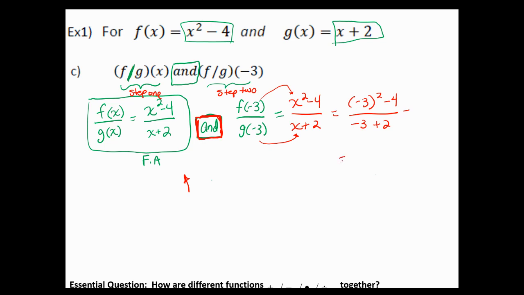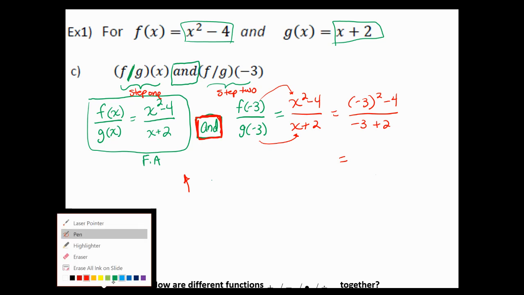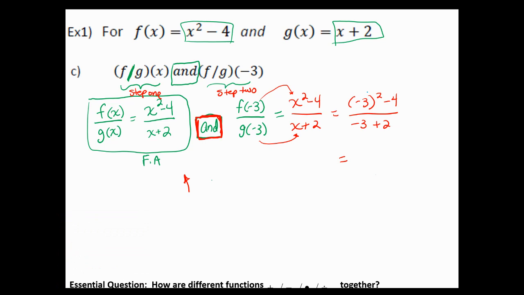I think I'll go downwards this way. So it is -3 squared right here. That's 9. -3 times -3 is 9. Bring down -4. We still have -3 plus 2 on the bottom, right? So what is 9 minus 4? 5. -3 plus 2, -1.